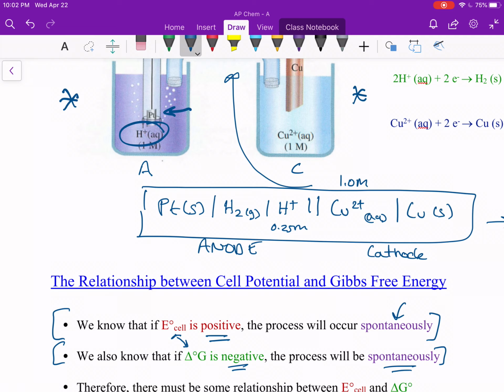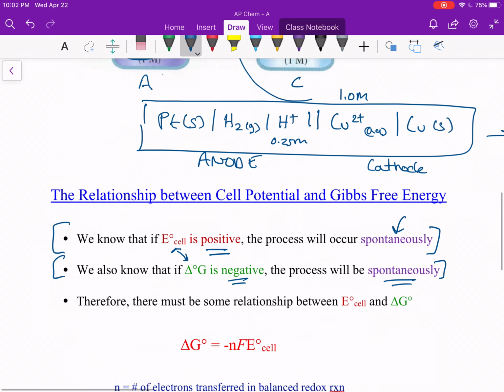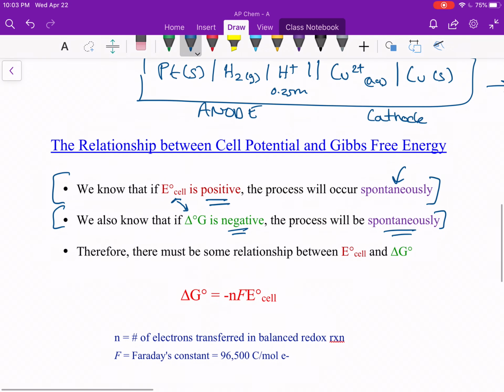If we know what E cell is, we can very easily calculate delta G for that process, and likewise, if we know what delta G is, we can very easily calculate what E cell would be for that process.